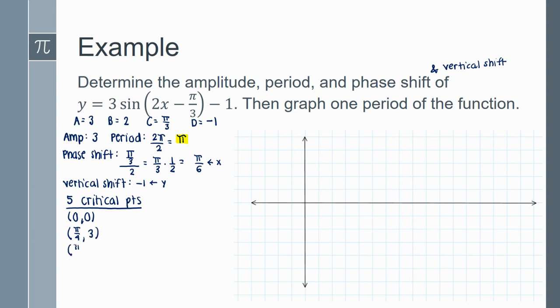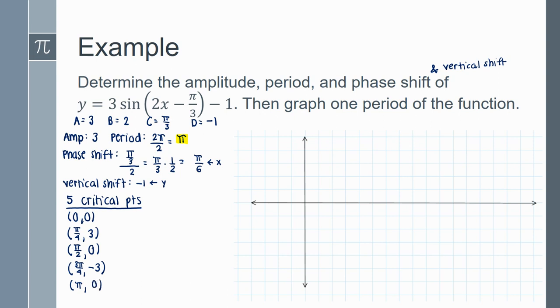Then I want half of the period. So half of pi is pi over 2. Then I'm back at 0. Then I want to take 3/4 of the period. So 3/4 of pi is 3 pi over 4. And I want the opposite of A, so -3. And then I want the full period, so pi, and I'm back at 0.